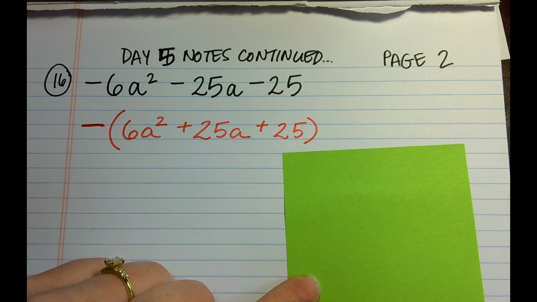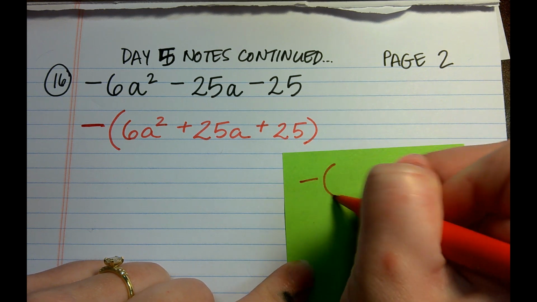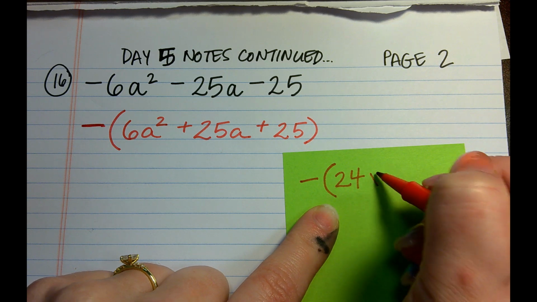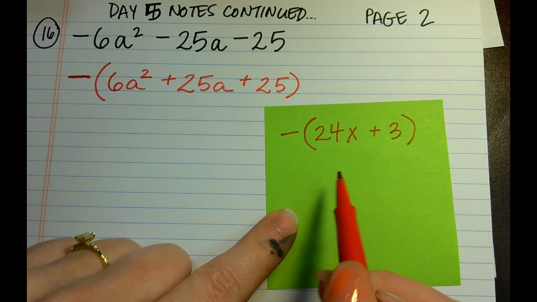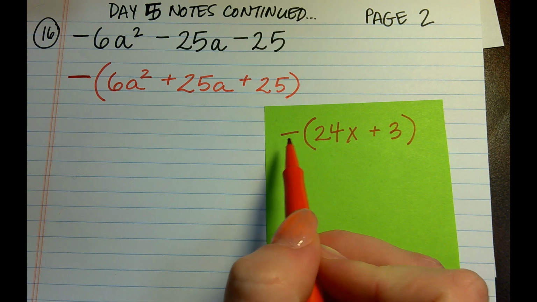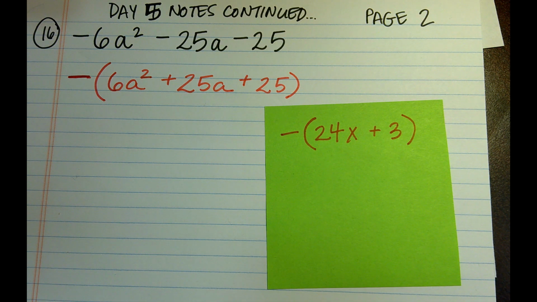So, like if I had a problem like this, a minus 24x plus 3, for example. If I told you to distribute the negative, would you know what I meant by that?